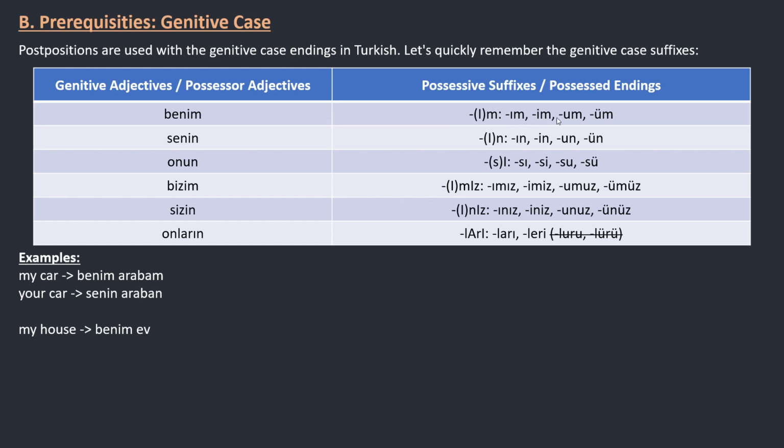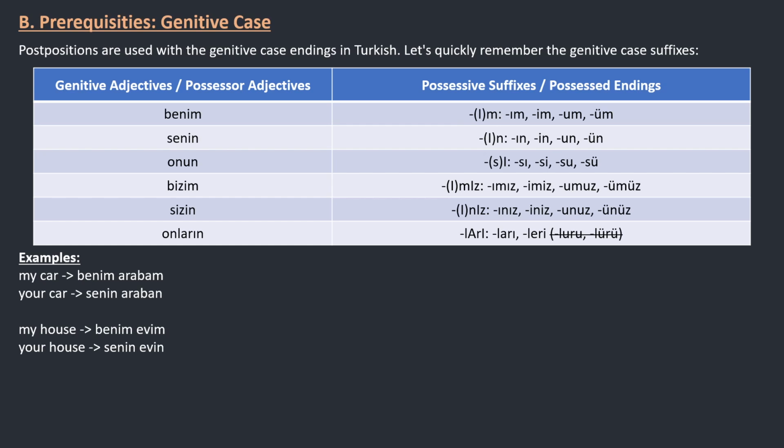So I will pick some of these. But there are 4 options. Which one will I pick? I will check the last vowel, ev. After e, I will need e. So benim evim. Or senin, like your house. Senin evin.